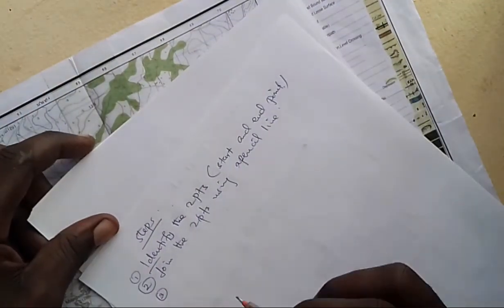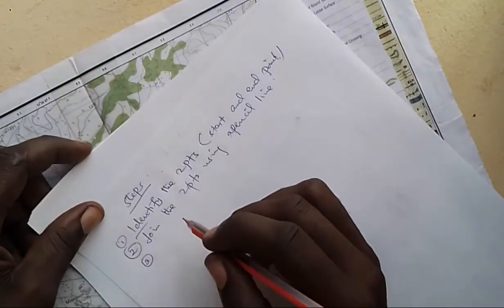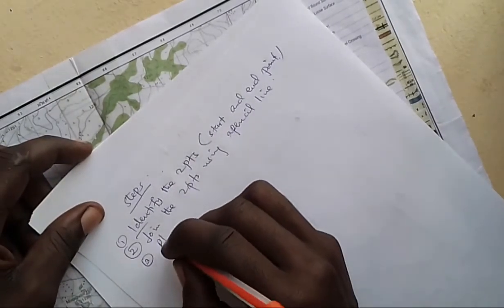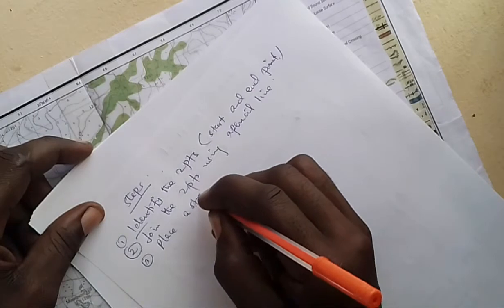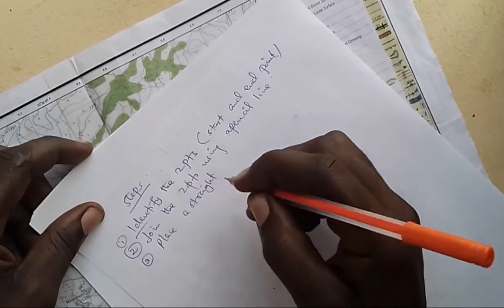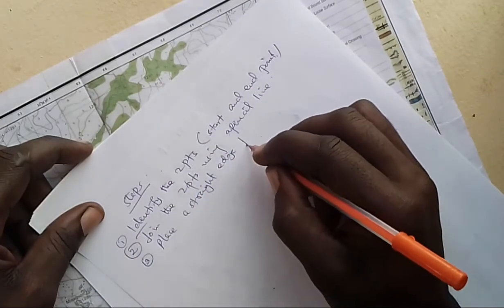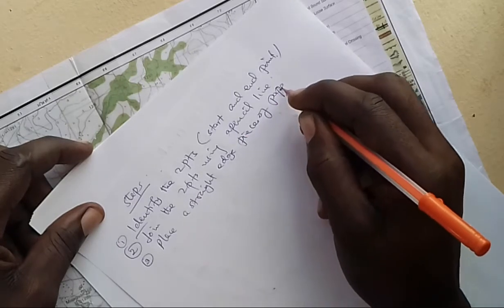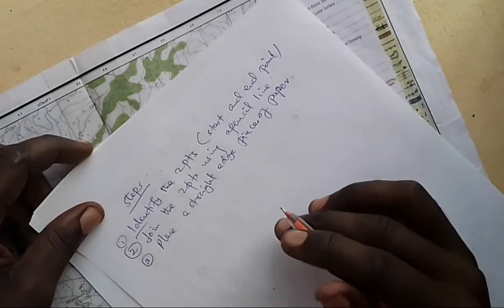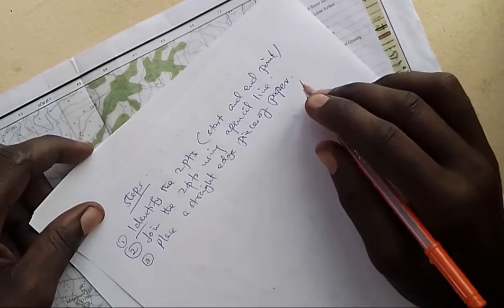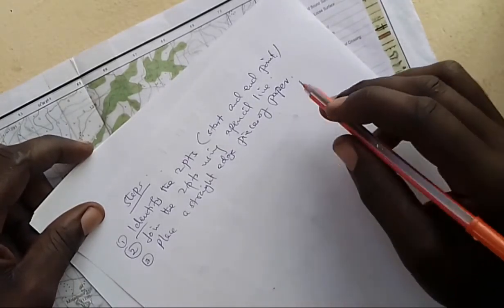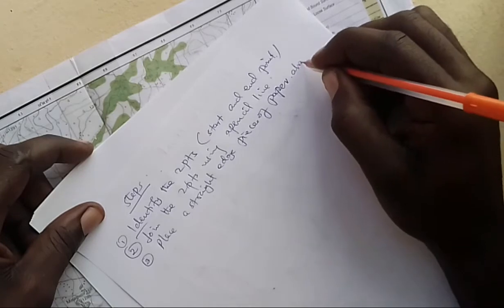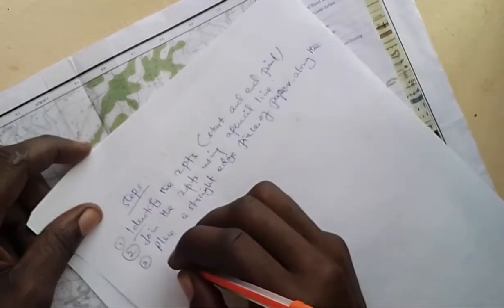Number 3, after joining those 2 points, we are going to place a straight-edged piece of paper along the line drawn.